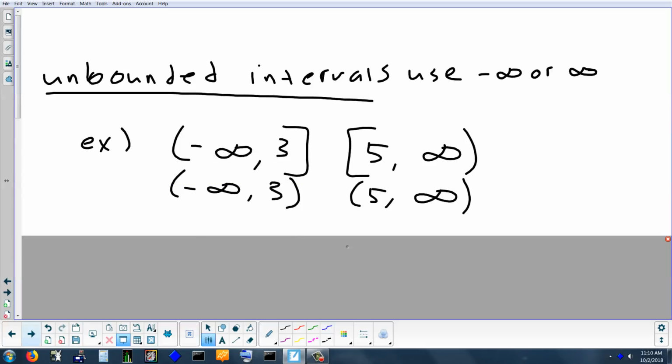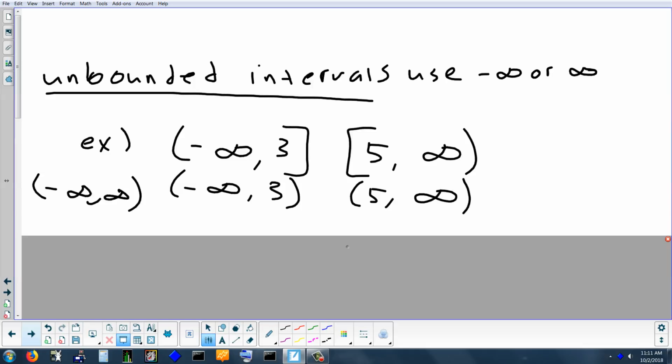The one below it is unbounded on the left, and it's bounded and open on the right. Okay. In the upper right, we got an interval that's unbounded on the other side. So it's unbounded on the right, but it's bounded and closed on the left. And the one below it, bounded and open on the left. And technically, you could also have this as an unbounded interval as well. It could be unbounded on both ends. I don't know why I didn't write that one down, but that's also unbounded.